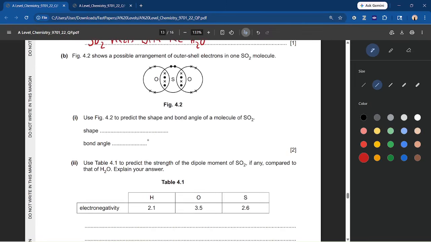And here we go. Here's the last bit. Figure 4.2 shows a possible arrangement of outer shell electrons in one SO2 molecule. Use figure 4.2 to predict the shape and bond angle of a molecule of SO2. So if we take a look at this, what are we noticing over here?